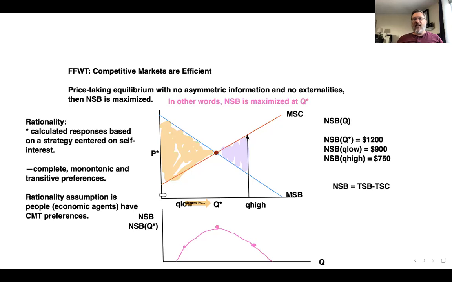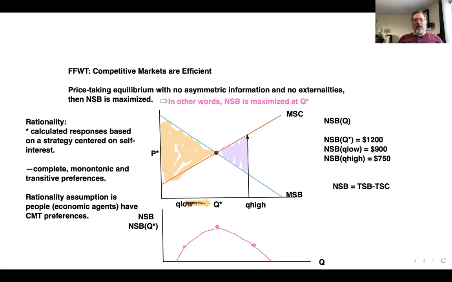And this is something that, if you go through the exercises carefully and you compare the different levels of net social benefit, you can do yourself with a specific inverse demand and a specific inverse supply equation.